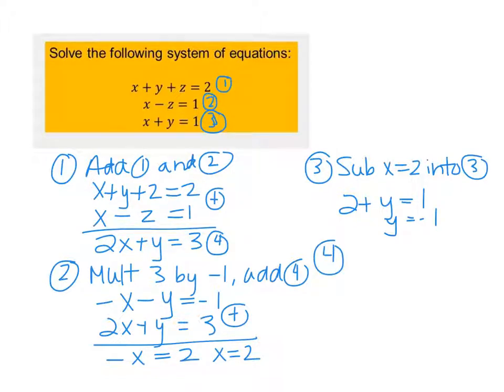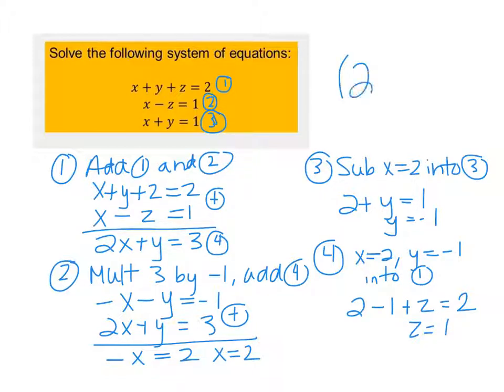And the next step, I'm going to substitute the x is equal to 2 and the y is equal to negative 1 into equation number 1. So that'll be 2 minus 1 plus z is equal to 2. So I'll have z is equal to 1. So now I have an answer of 2, negative 1, and 1.